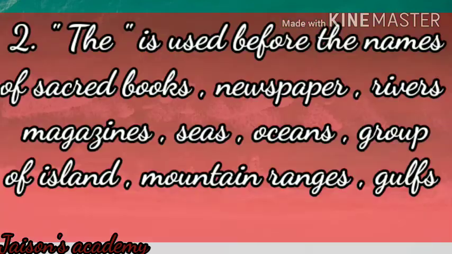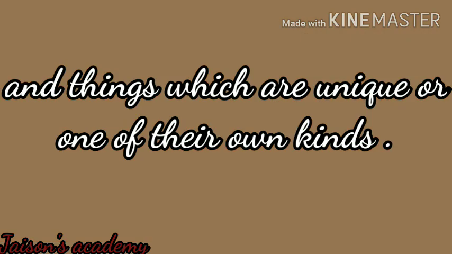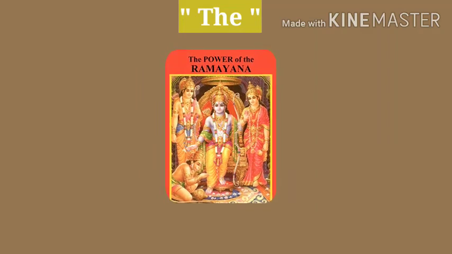The article the can be used before singular as well as plural nouns. It is used before the names of sacred books, newspapers, rivers, magazines, seas, oceans, groups of islands, mountain ranges, gulfs, and things which are unique or one of their own kind. Some examples: the Ramayana, a specific name.